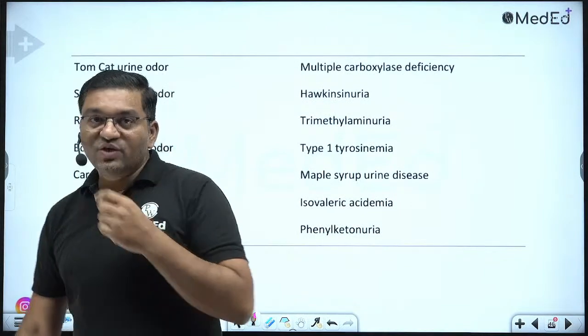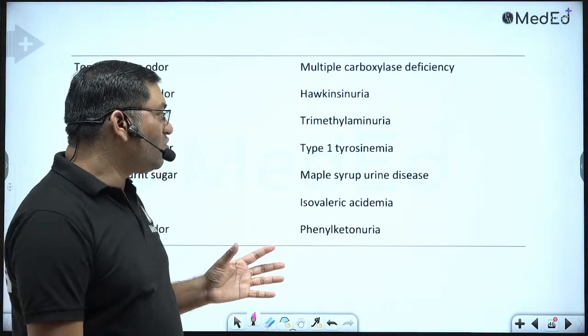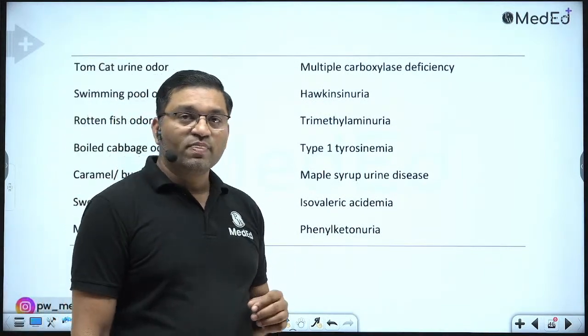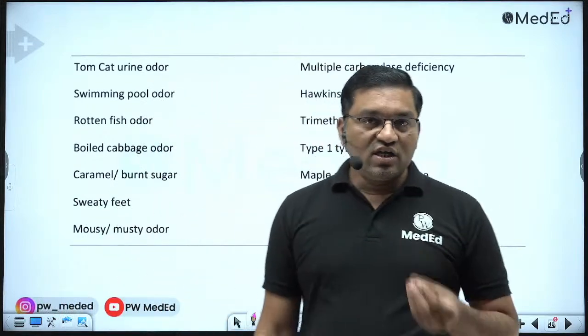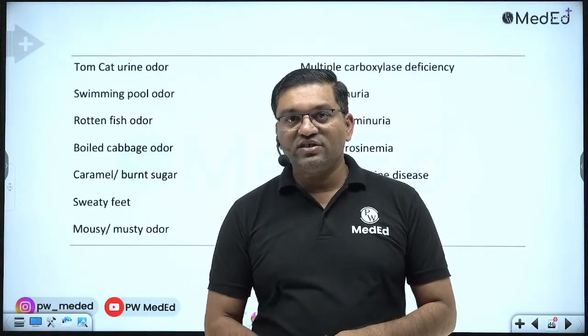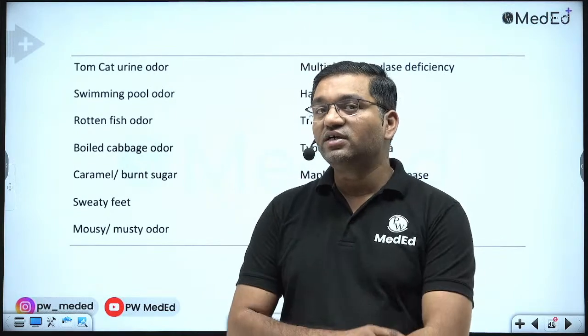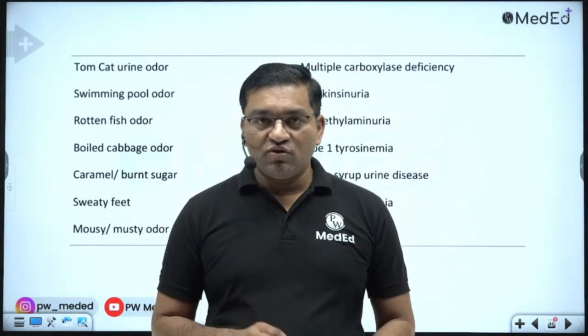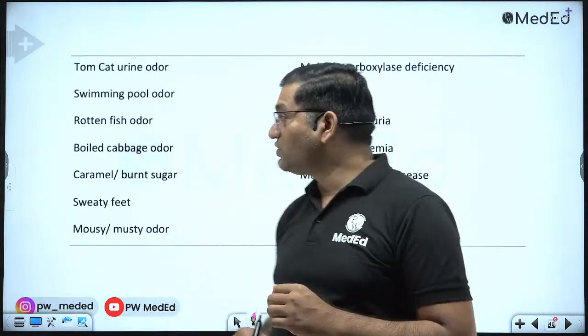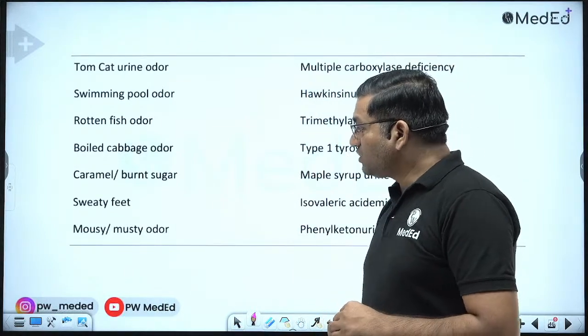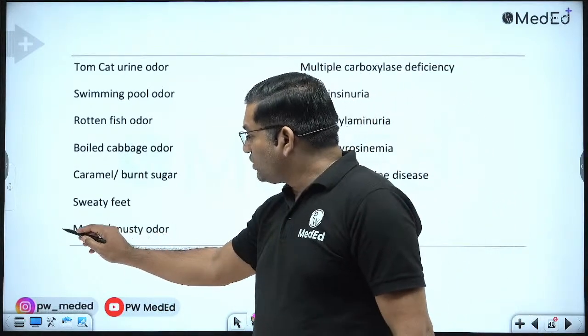Now coming to amino acid metabolism, there are various inborn errors in amino acid metabolism: phenylketonuria, alkaptonuria, maple syrup urine disease, homocystinuria. These are the different disorders in protein metabolism. Now see, the mousy odor or musty odor, this is important.